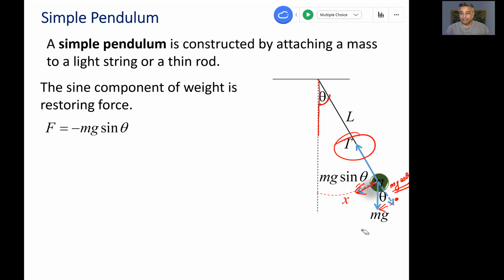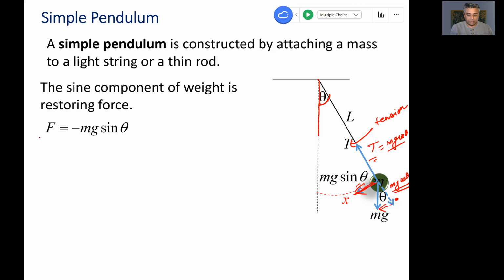So what we want to do is find the period of the oscillation of this pendulum here. And by the way, this T is not period, this is tension. And that T is equal to mg cosine theta. They are balancing each other in this case, canceling. Only mg sine theta is in action.